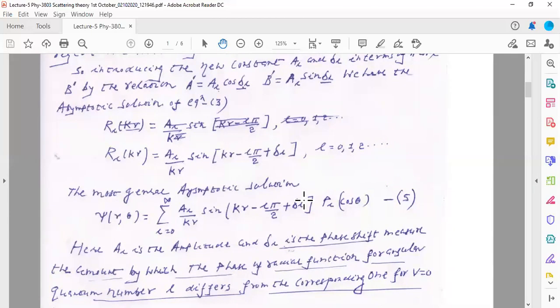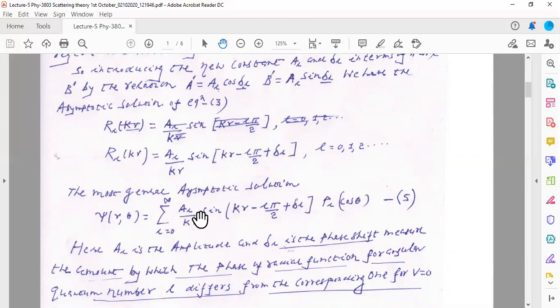And this phase shift will give the information regarding the scattering that we want to understand, and we will find out the scattering amplitude. We want to find out the probability of a scattering in a desired direction also. So these are the two factors which we will calculate.